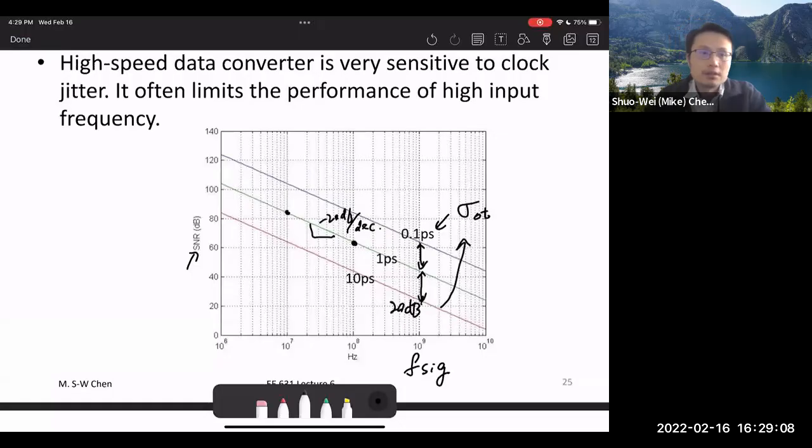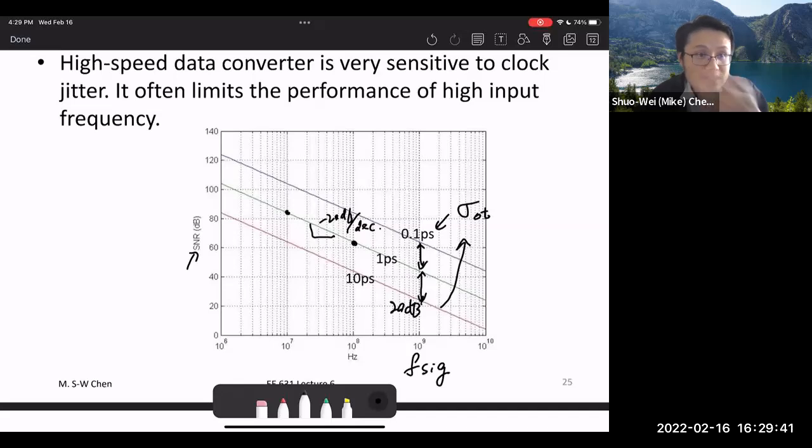So those are two important things to observe. Whenever you increase the input frequency, your signal to noise ratio will go down. And this is why whenever you design a high-speed ADC, you really try to sample very fast, which suggests that your input frequency can also be very high. Because if you consider Nyquist sampling, what's the maximum signal frequency that you want to sample given fs?